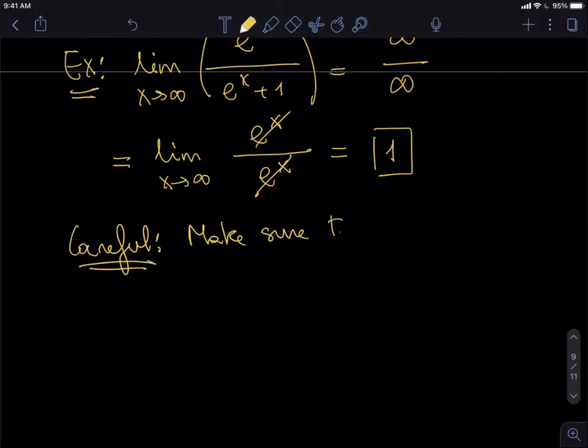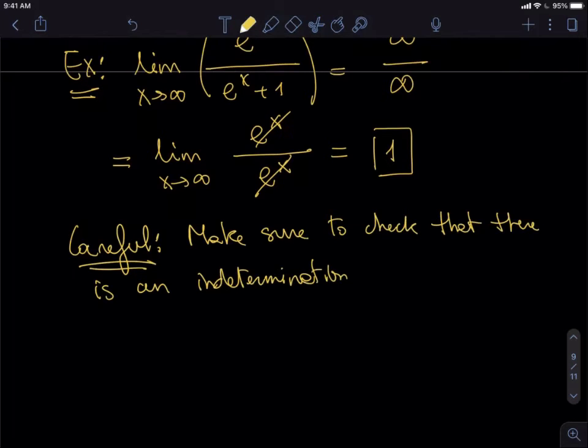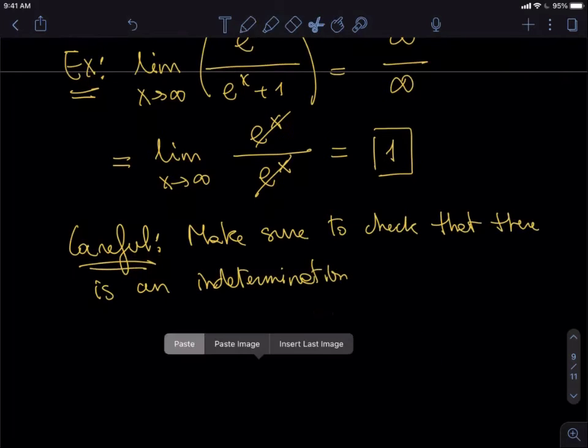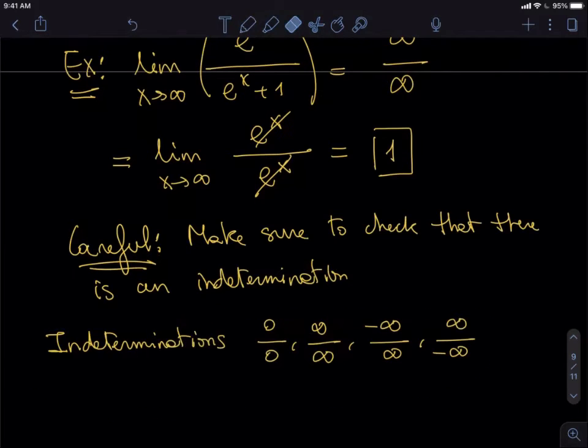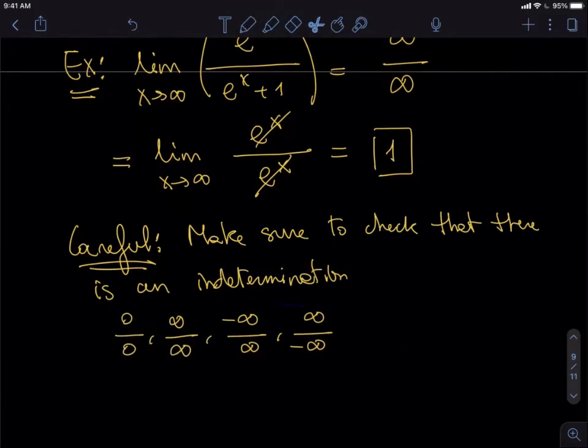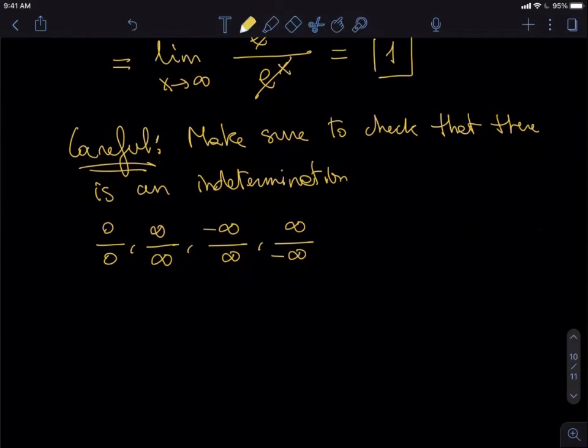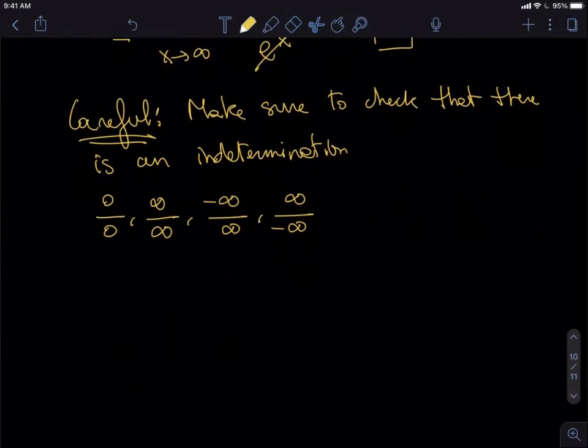Make sure to check that there is an indetermination of the four types that we saw: 0 divided by 0, infinity over infinity, negative infinity over infinity, infinity over negative infinity. What do I mean by this?